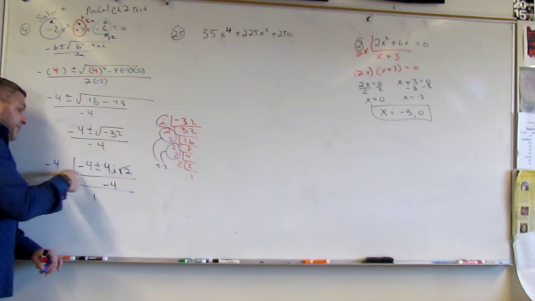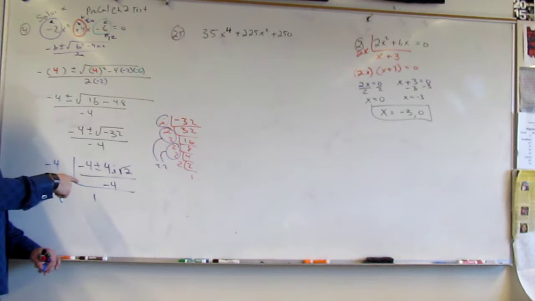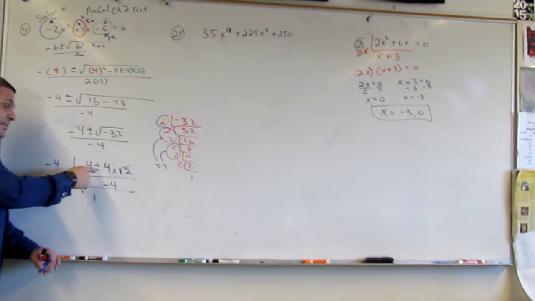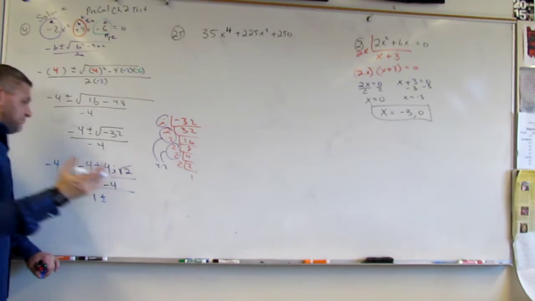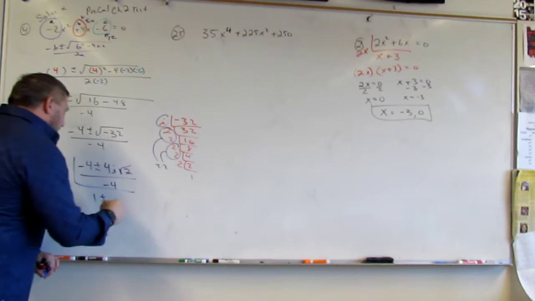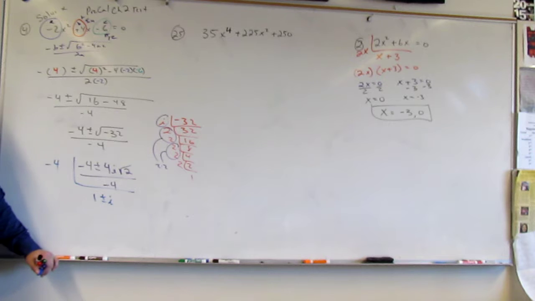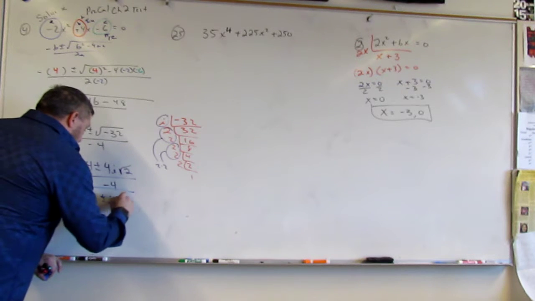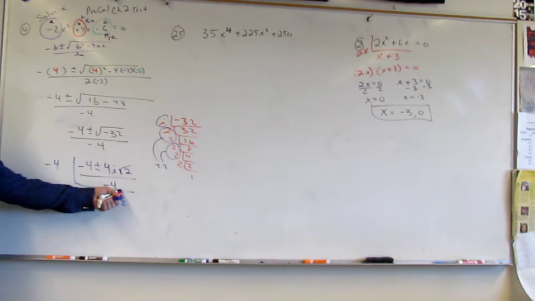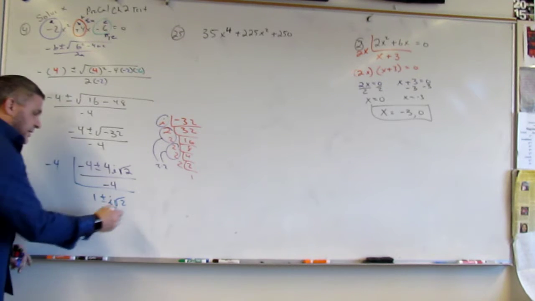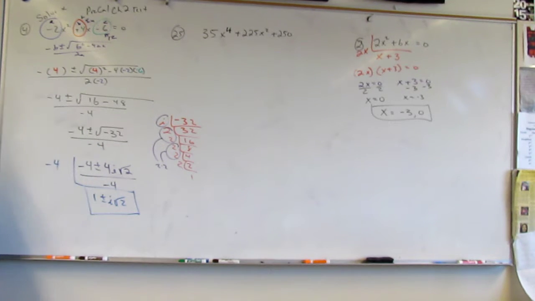How many times is negative 4 going to 4? Negative once. But remember, that would just flip these signs. So we're just saying it's 1. 1 what? 1i square root 2. And then how many times is negative 4 going to negative 4? Once. And that's when you're left with that.